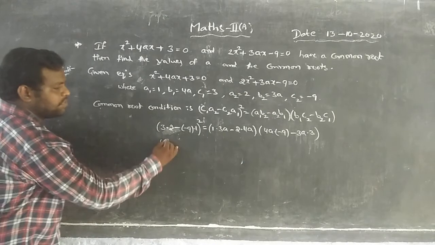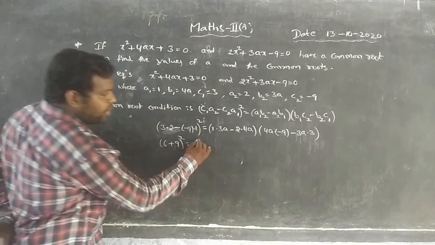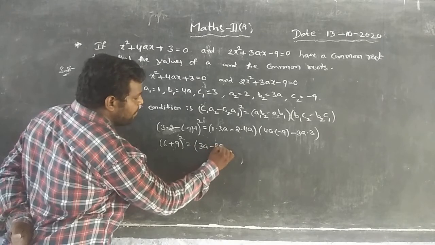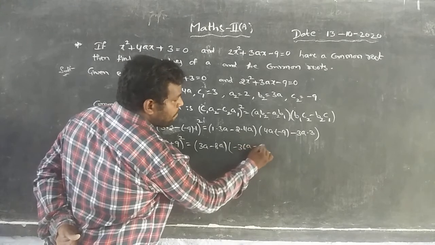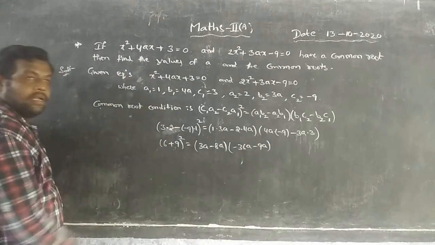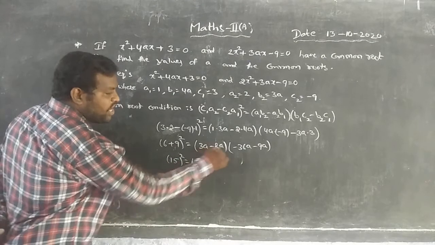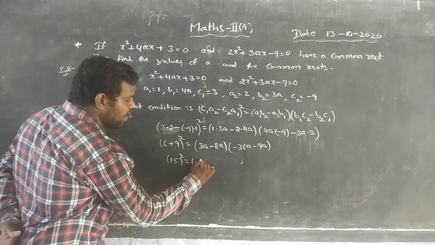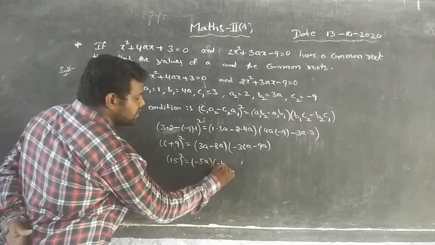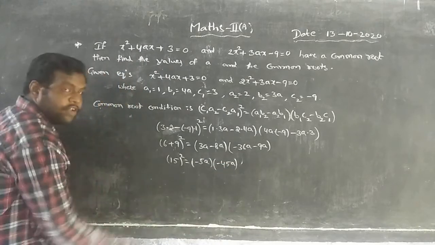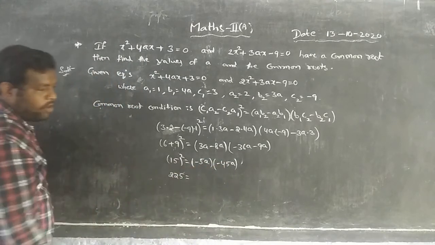So (6 plus 9) 15 whole square is equal to (3a minus 8a) into (minus 36a minus 9a), that is minus 5a into minus 45a. 15 square is 225, equal to 225 a square.